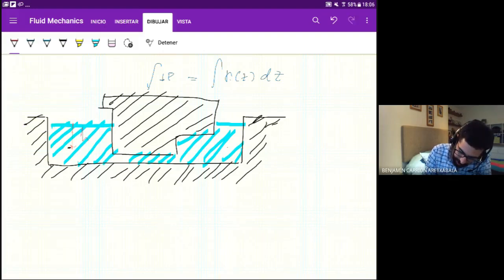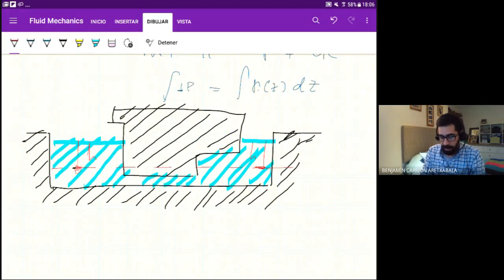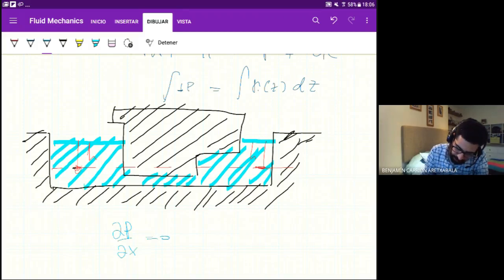If you measure the pressure here at the same h, so these two are at the same depth, and the water between them is connected, then we know that the change in P along X is 0. So the change in pressure along this red line is going to be 0. So all along this red line, you have the same pressure.